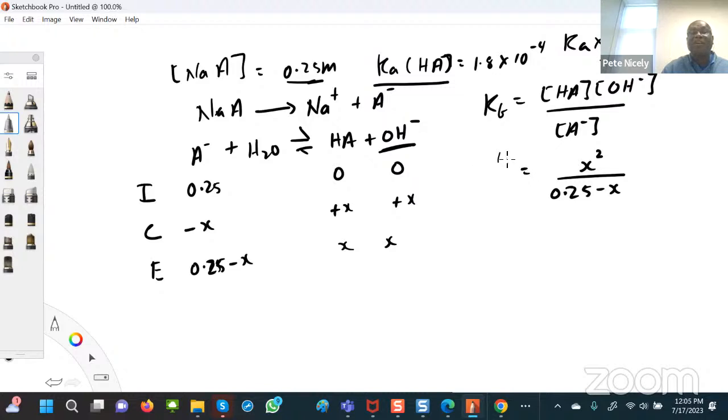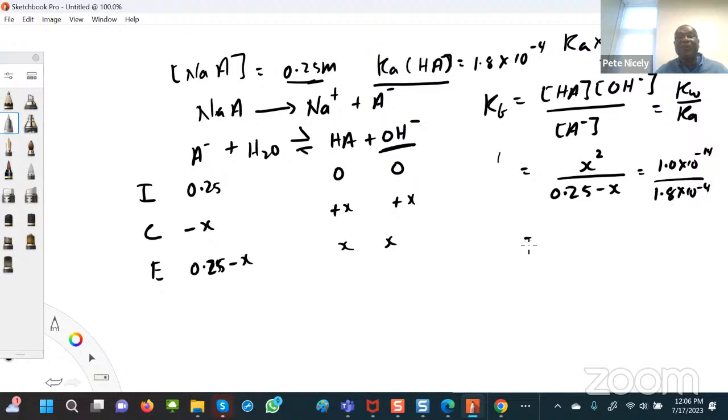So to find Kb, that would be equal to Kw divided by Ka, which is 1.0 times 10 to the minus 14 divided by the Ka, which is 1.8 times 10 to the minus 4.